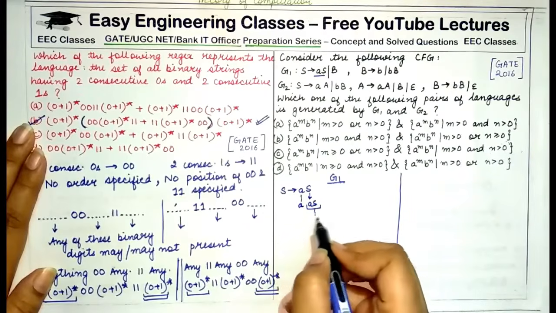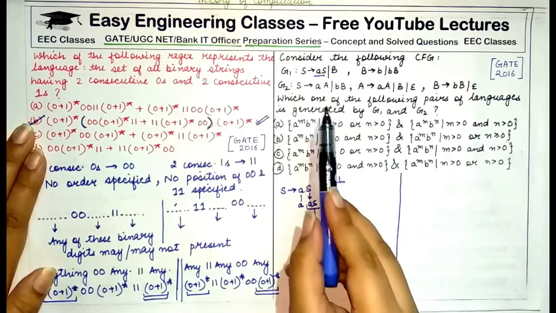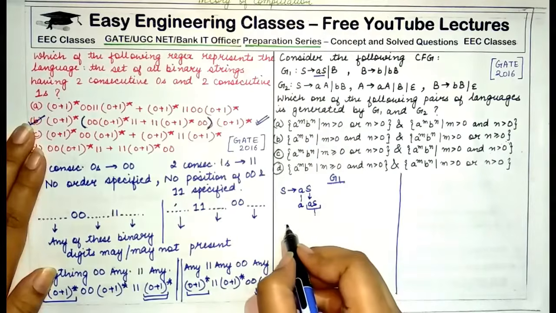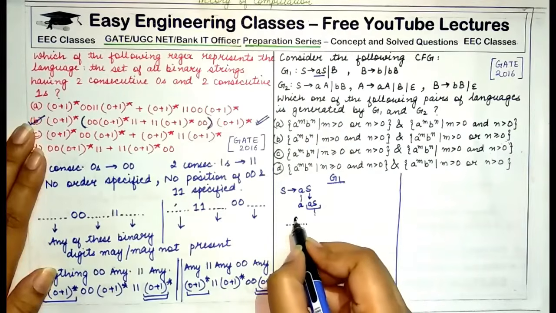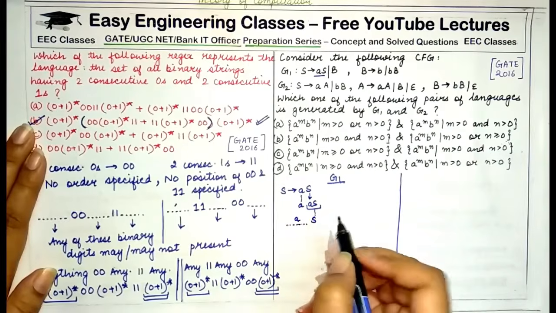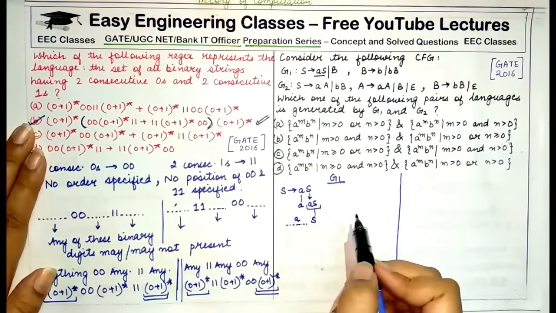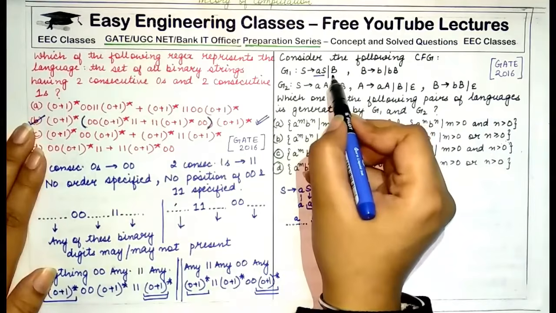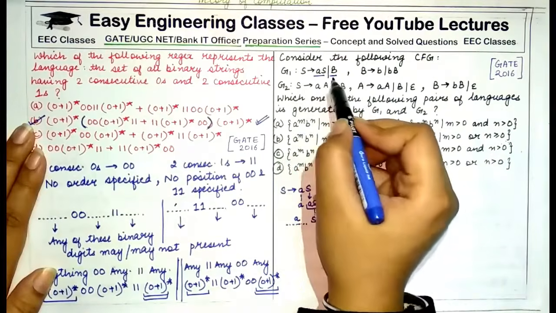As long as I replace this S with the production AS, I will get some number of A's followed by an S, and to terminate this string, I would have to use the second production, which is S goes to B.